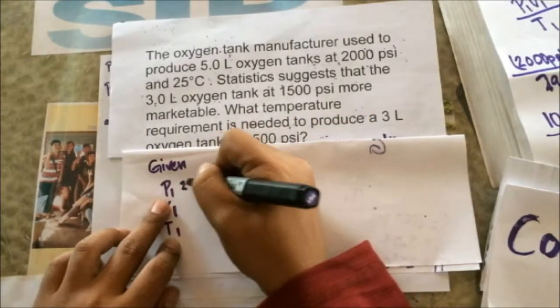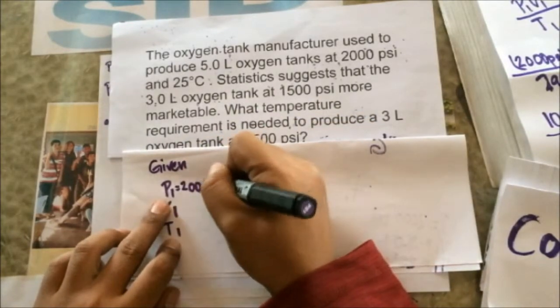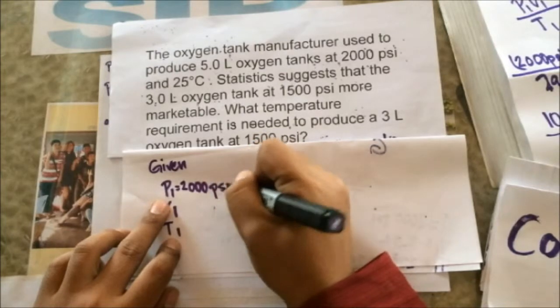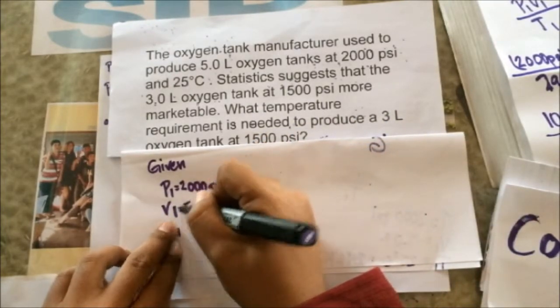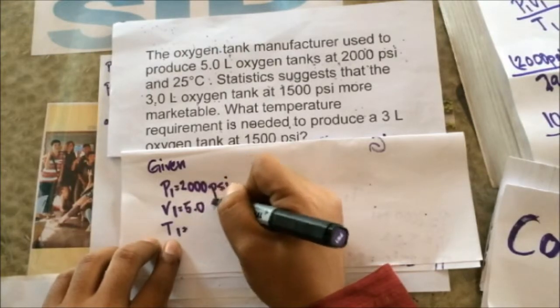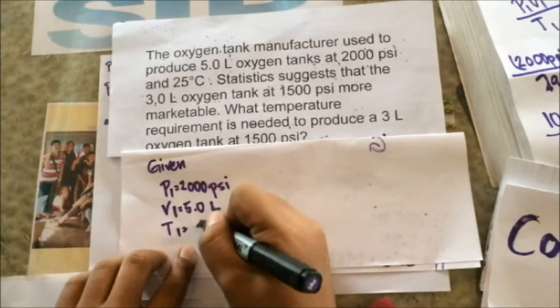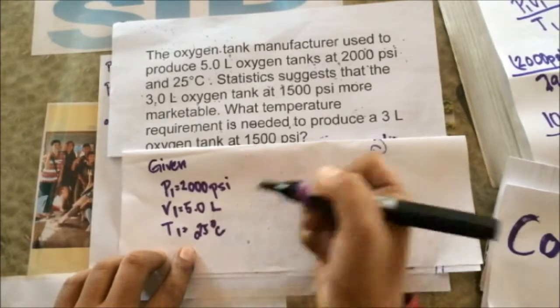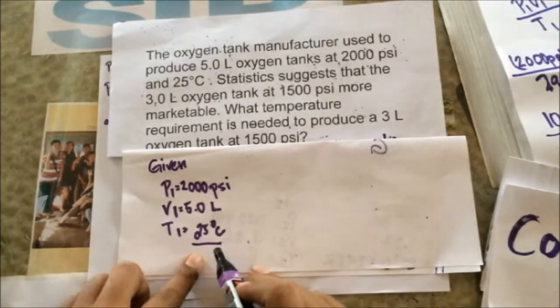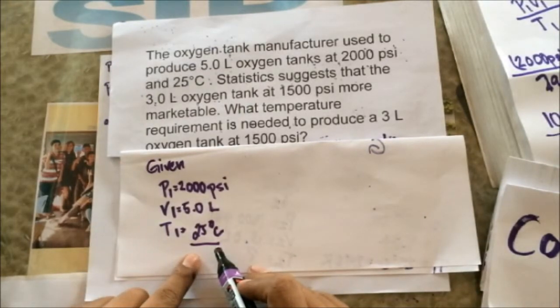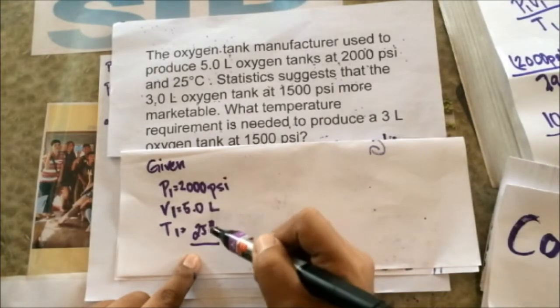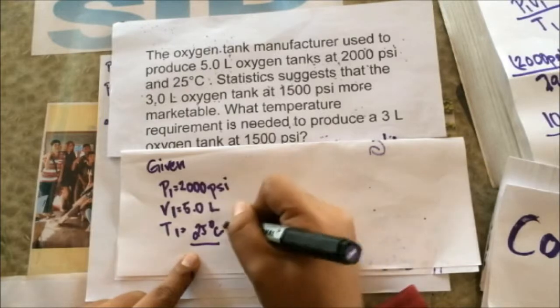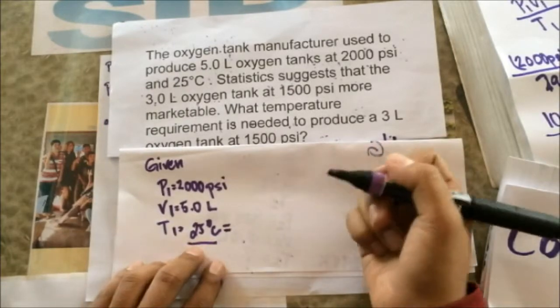P1, we have here 2000 psi, and V1, we have here 5.0 liters, and T1 is 25 degrees Celsius. Now remember, we need to convert 25 degrees Celsius into Kelvin, and we will be doing that later.